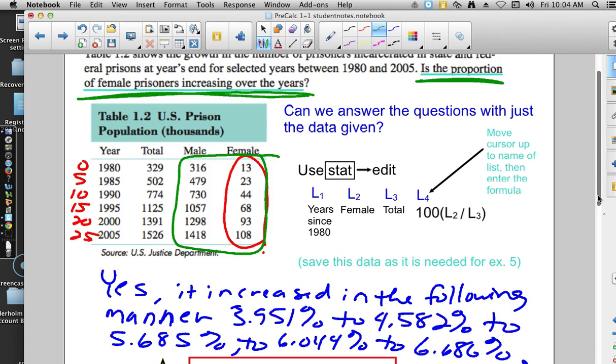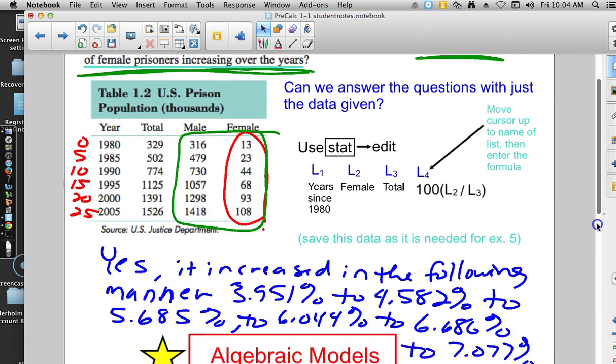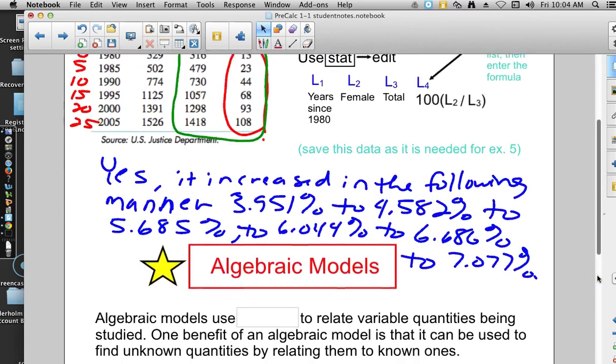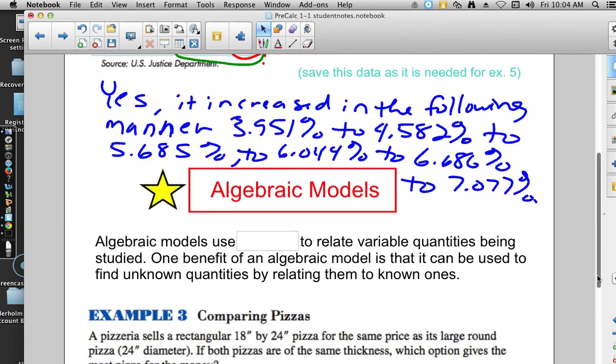So as long as you arrow all the way up, you could tell the calculator to do anything in the top of that command center up there, which would be wherever those list names are. So we can use the calculator to do a lot of stuff that usually we'd say we've got to do by hand.